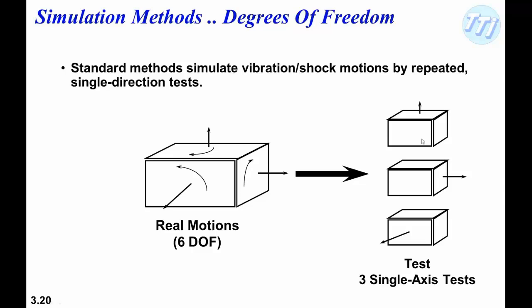Drive it in the vertical direction, drive it in the one horizontal direction, and drive it in the other horizontal direction. And the question is whether this is a good enough simulation of the real environment, which is 6 degrees of freedom or more if you look at the past slide.